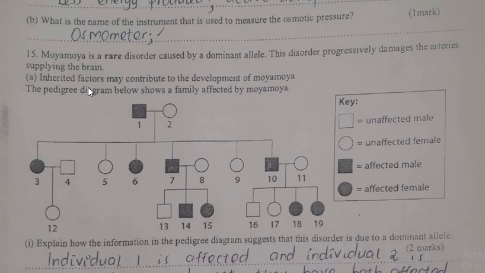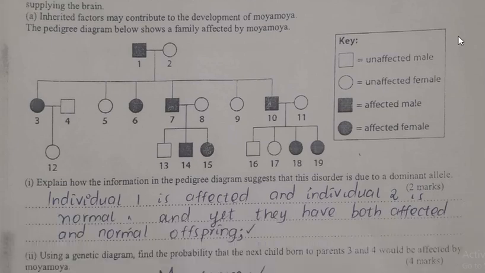Question 15, moyamoya is a rare disorder caused by a dominant allele. This disorder progressively damages the arteries supplying the brain. Part A, inherited factors may contribute to the development of moyamoya. The pedigree diagram below shows a family affected by moyamoya. You have the key here showing an affected male and female plus an unaffected male and female.